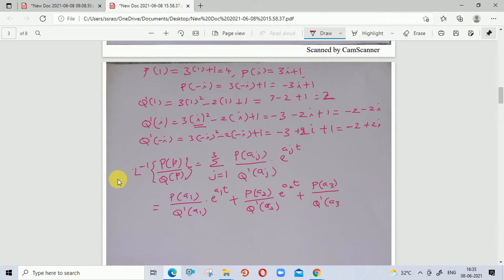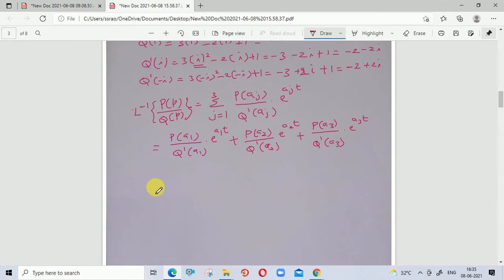Here we substitute the values of a1, a2, a3. So P of a1, that is P of 1, divided by Q dash of 1 into e power 1t, that is e power t, plus P of a2, that is P of i, divided by Q dash of i into e power it.